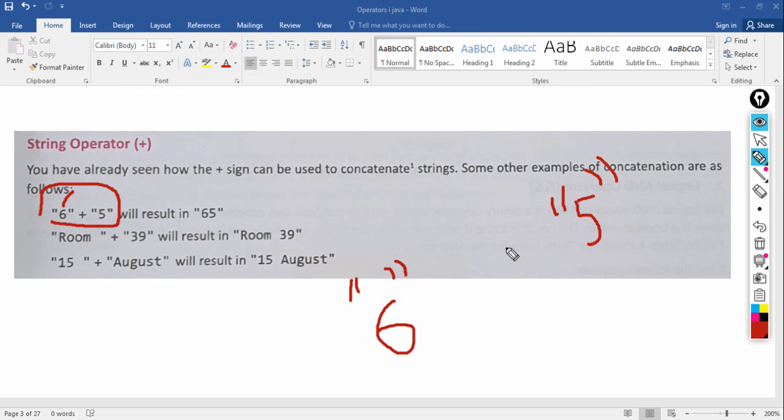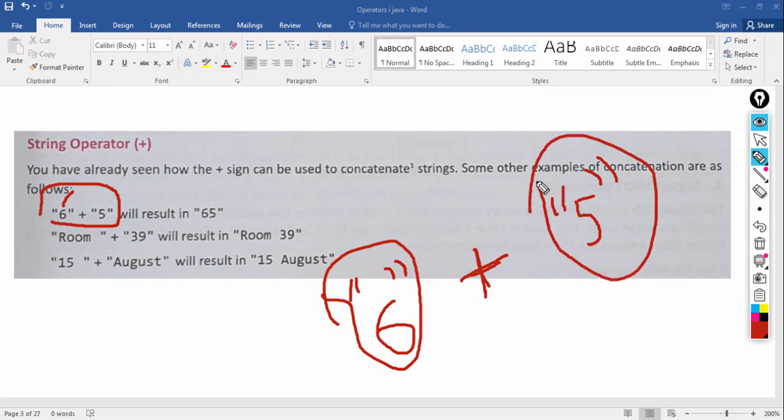So don't expect this plus operator to act as the arithmetic operator. Don't expect that this plus will give you 11. Why? Because the operands are not numbers, they are strings, and whenever there is a string associated with this plus symbol, they will be joined. You can call this the join operator.